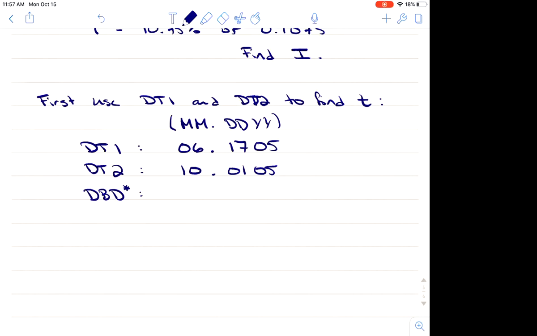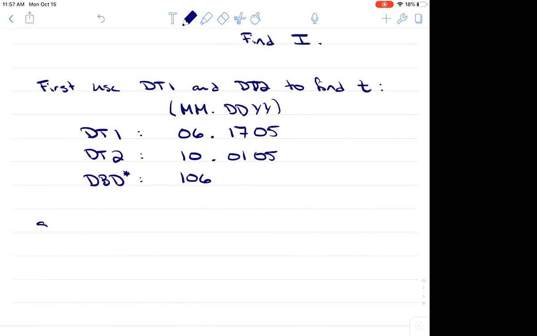So if I hit compute, I get 106 days. Is that what everyone's getting? So it takes some practice, but pretty fun once you know what you're doing.